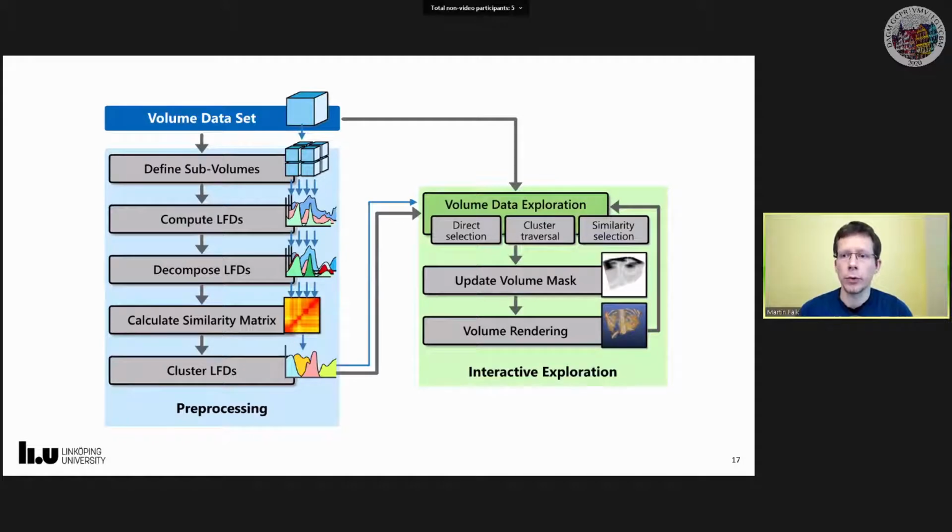Now the question is, how can we combine that with our volume rendering? We chose to use a volumetric mask, which can easily be combined with, for example, volume raycasting with minimal effort. And this is how it looks.